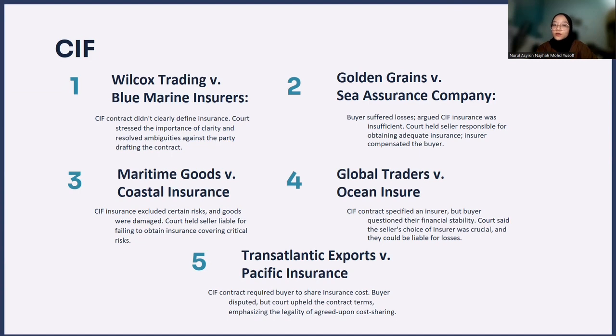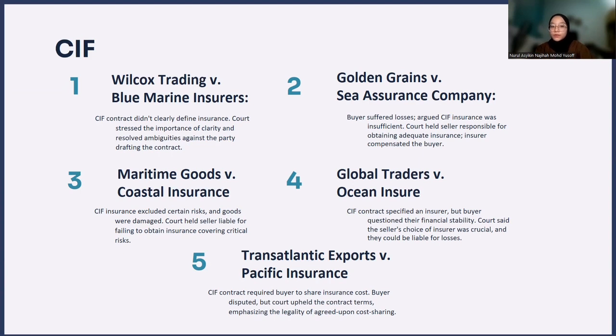The second one is Golden Grains versus Sea Assurance Company, where buyers suffered losses and argued CIF insurance was insufficient. The court held the seller responsible for obtaining adequate insurance. The insurer should compensate the buyer.